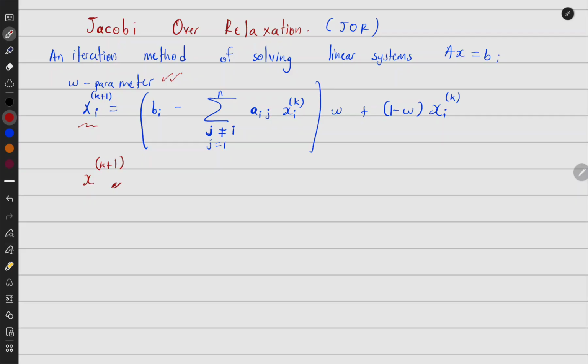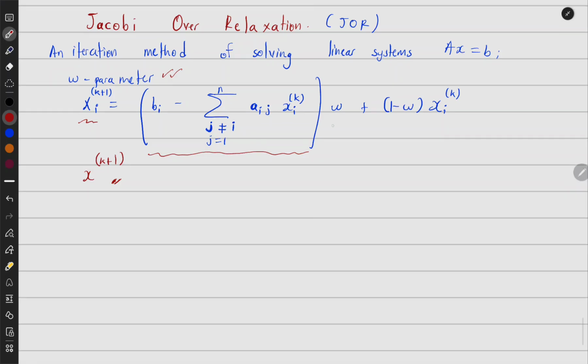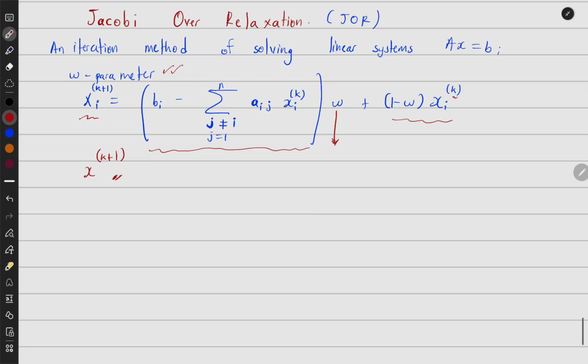It's written in that form, whereby this is the Jacobi update, the new value in the Jacobi method. This one is the scaling factor, while this one keeps part of the old value x^k, the previous value before we get the new value.